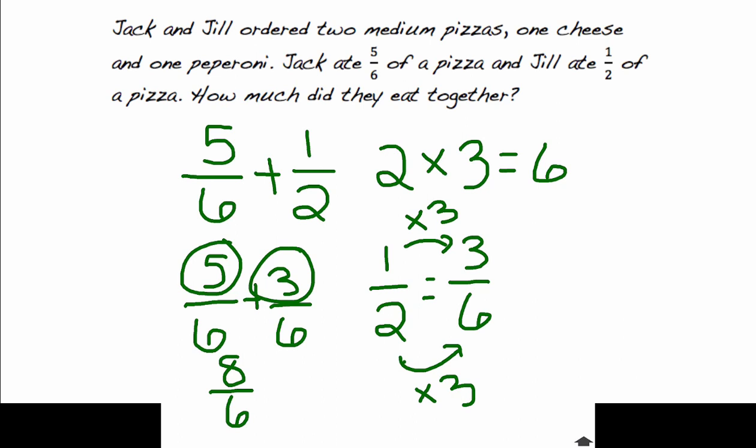So 8 divided by 6. 6 goes into 8 one time, and we have 2 left over out of 6 pieces. When we reduce this down, we end up getting 1 and 1/3 because both 2 and 6 are divisible by 2.